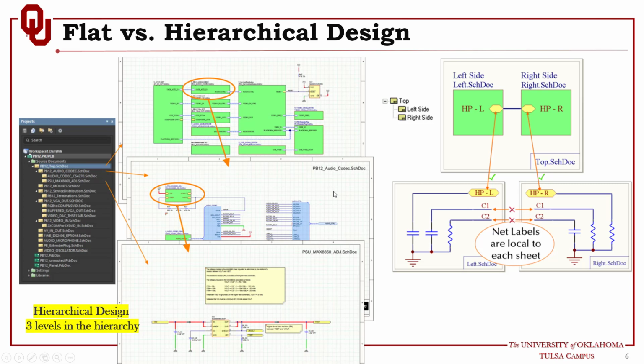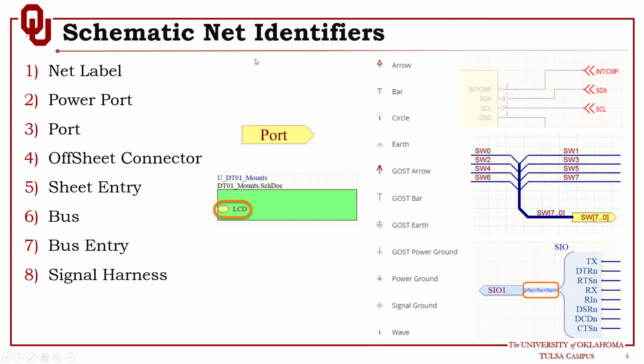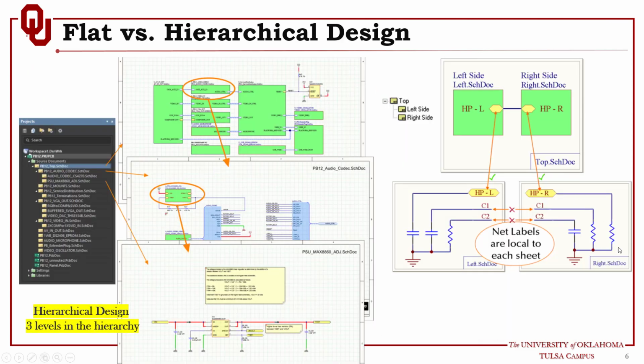One last point before we move on. If you recall the net identifiers, as we said, net labels are used to connect nets within the same schematic sheet. They are not meant to be used to connect nets on different schematic sheets. So if we go back to here, this will explain that. If we have net C1 and net C2, and you also have C1 and C2 on the other schematic sheet, they are not physically connected, nor logically connected.